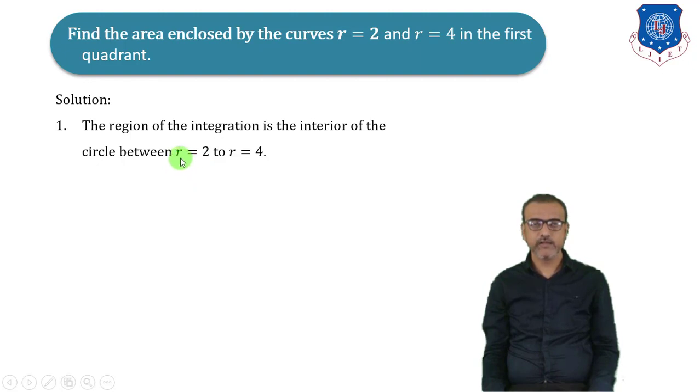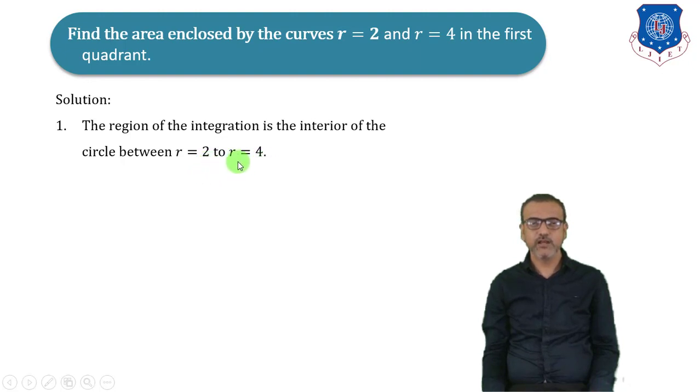If you replace r by square root of x square plus y square over here, and then square both sides, you will get x square plus y square equals 2 square. And if you compare that equation with x minus h the whole square plus y minus k the whole square equals r square, where h, k is the center, then in this case the center will be 0, 0 and the radius will be 2.